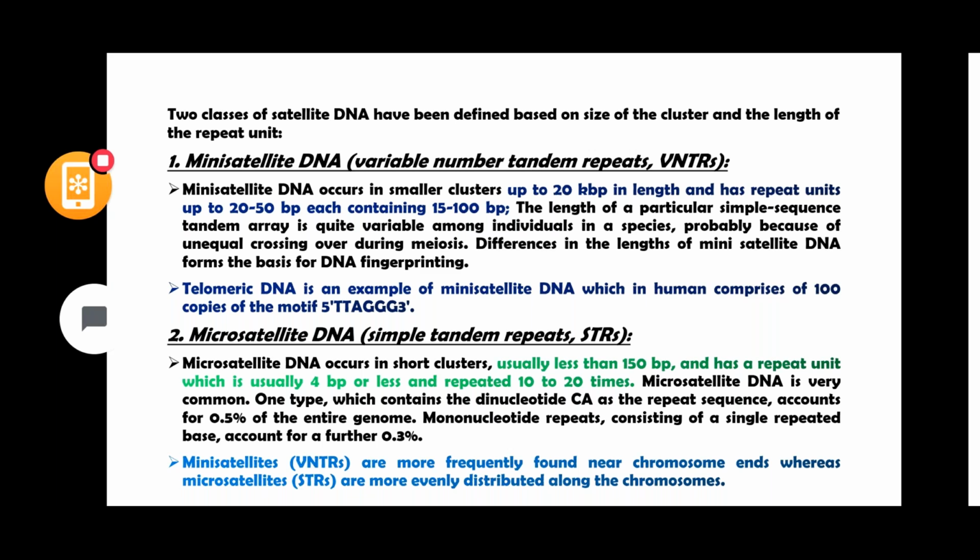At the end of the chromosome, the telomeric DNA sequence is repeated several times, about 100 copies, and the sequence is TTAGGG. This sequence is repeated 100 times at the end of the chromosome, and this is the telomeric DNA sequence.